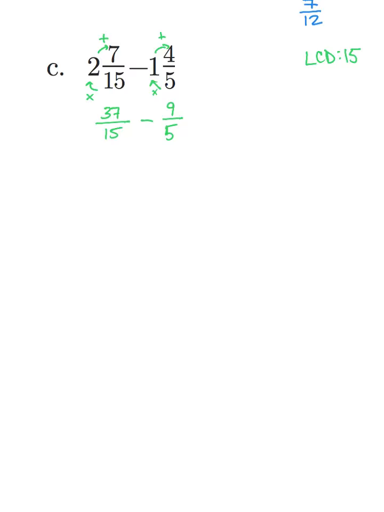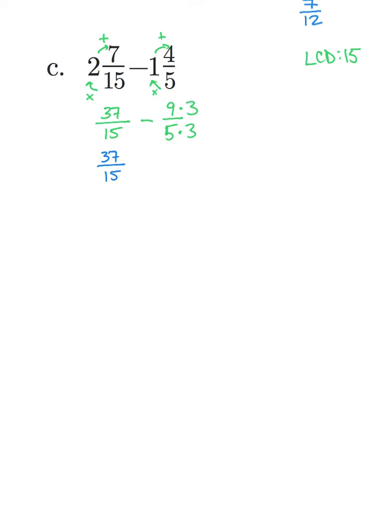Alright, now that we have our fractions set up, we can go ahead and rewrite with a common denominator. My first fraction already has the common denominator of 15, so I can go ahead and leave that one alone. My second one, I need to multiply 5 by 3 in order to get to 15.